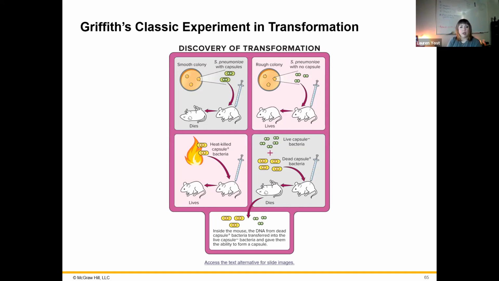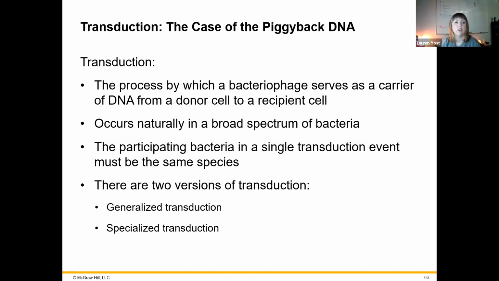So they killed the capsule ones, mixed the dead capsule ones with the live non-capsule ones. And then the non-capsule ones now can make capsules and cause mice to die. Then it was shown that seems to be due to transformation because the non-capsule ones picked up the DNA of the capsule ones that they were mixed with. So that's how that worked.